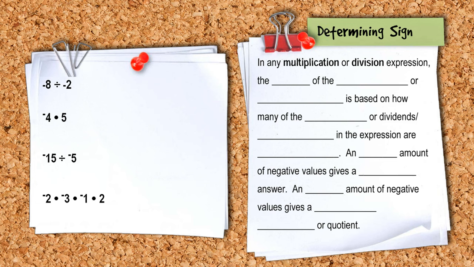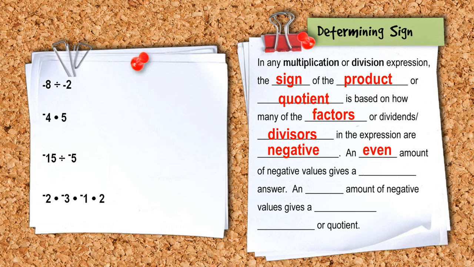In any multiplication or division expression, the sign of the product or quotient, which remember again are the names of the answers for multiplication and division expressions, is based on how many of the factors or dividends/divisors in the expression are negative. So as opposed to addition and subtraction, where we had to look at the sign and the magnitude of the value, here we only have to look at the sign of the values, which makes life a lot simpler.